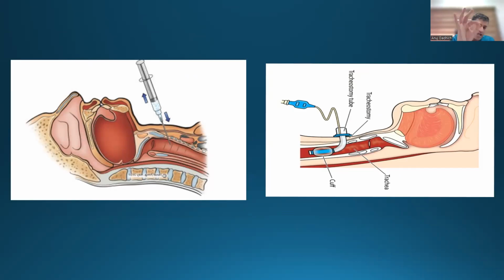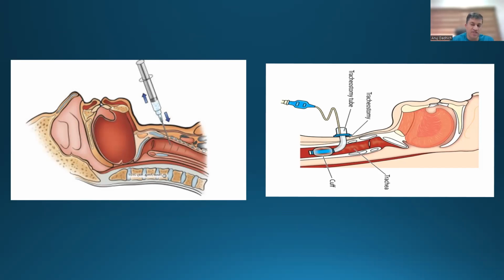A wide bore needle can be inserted through that, and that allows the patient to breathe oxygen. But cricothyrotomy, although it is an emergency procedure, is not a definite procedure. It will not give us a patent airway which can be relied upon for a longer duration. It provides airway control for a shorter duration.